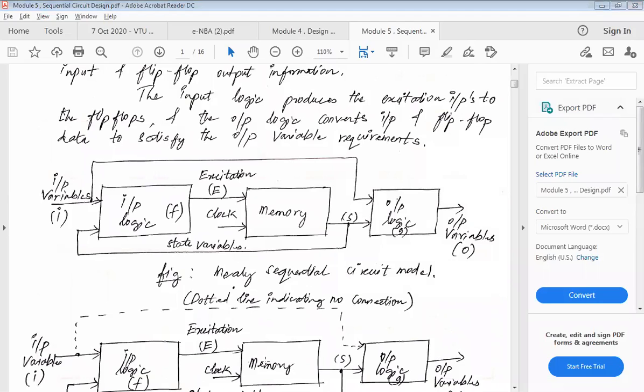So similarly, we will be referring to excitation. The input logic is giving us excitation, so this refers to the excitation tables of different flip-flops.